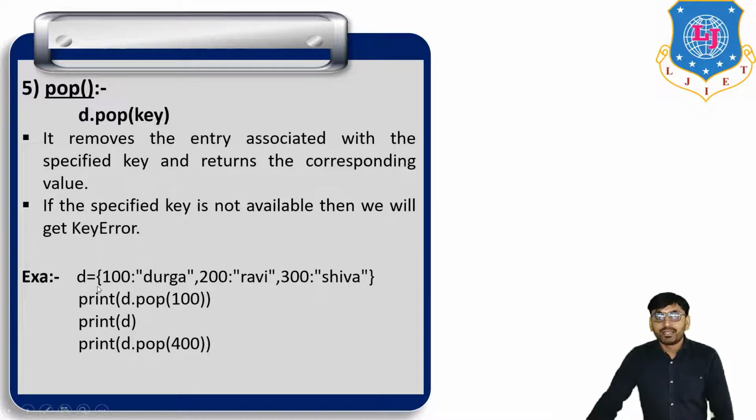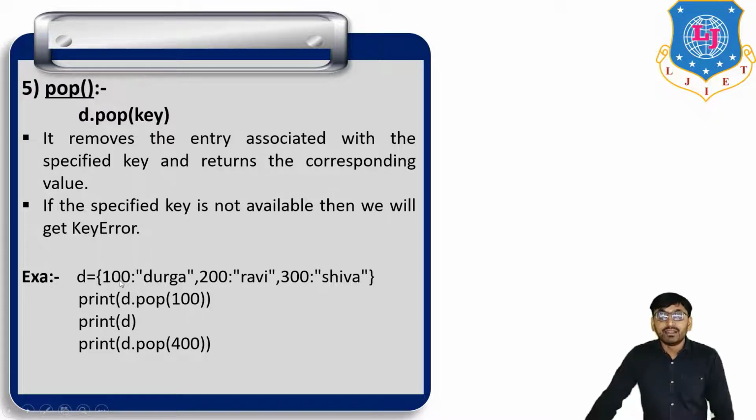So for example, d is equal to, that is one dictionary, then print d dot pop 100. It means the value associated with 100, that is Durga. So that is the output.